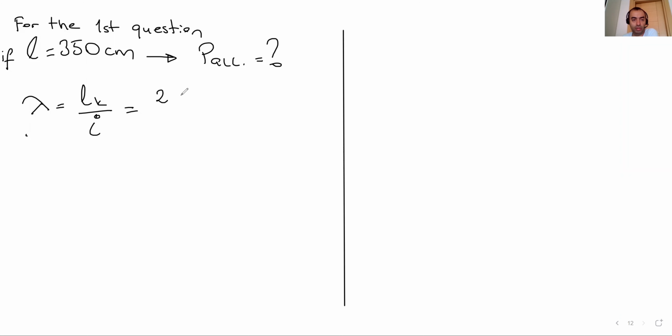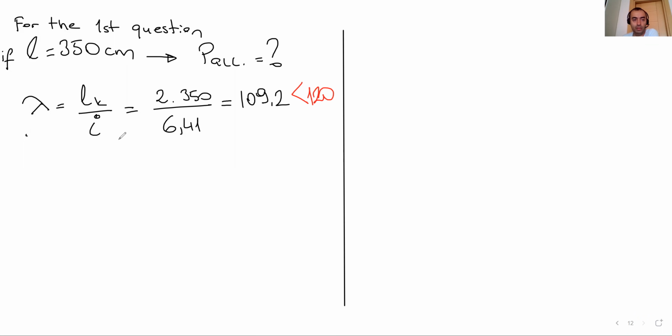So 2 times 350 over I. I here is 6.41, I guess. Yes, 6.41. LK over I. So lambda here is less than the limit.